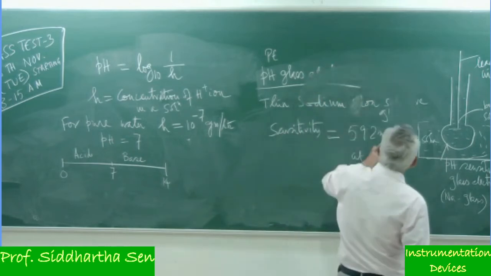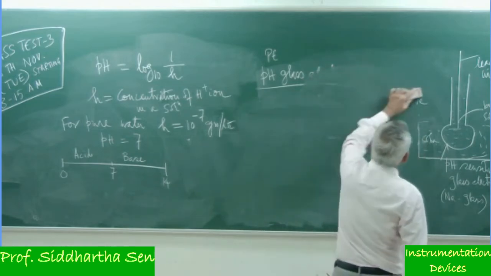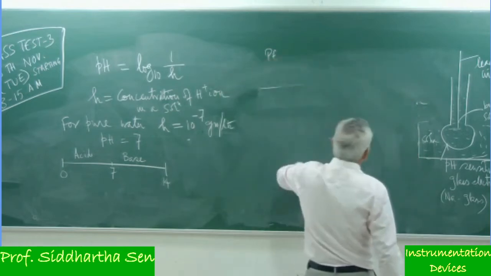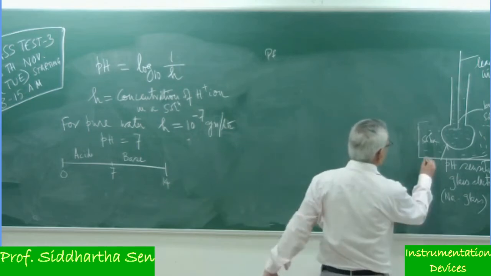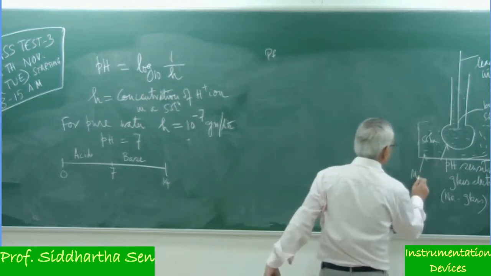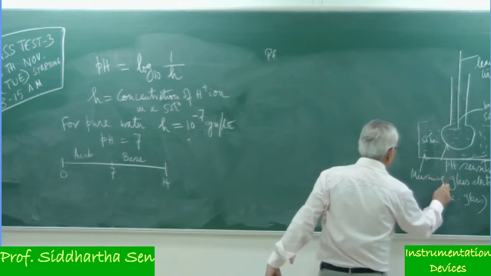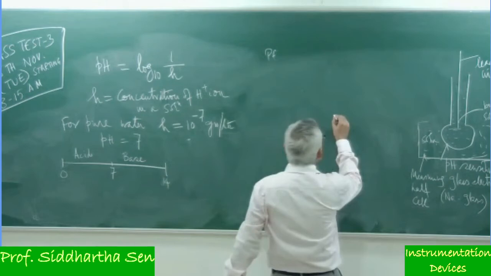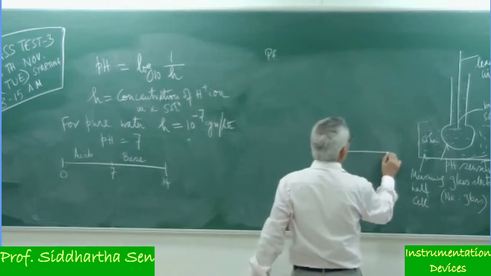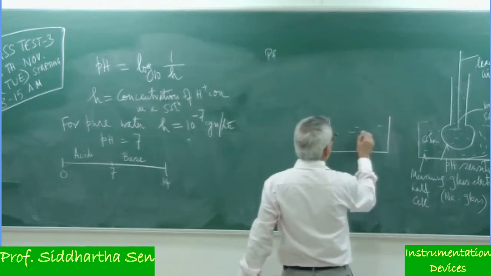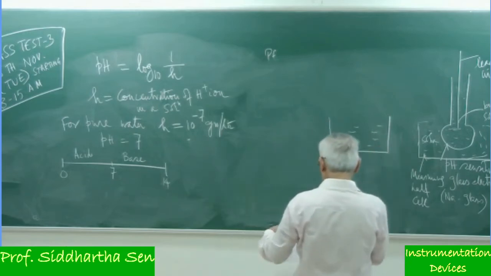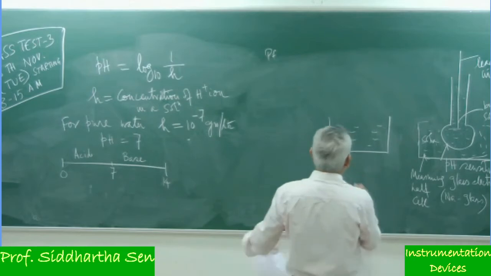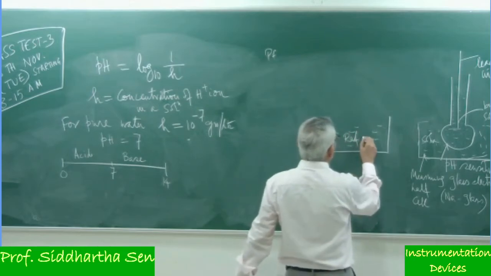So what we do is that this is called a measuring cell, and we have another, which we call a reference cell. So it is a measuring half cell, and think of it the same way we discussed about the galvanic cell. This is a reference half cell.